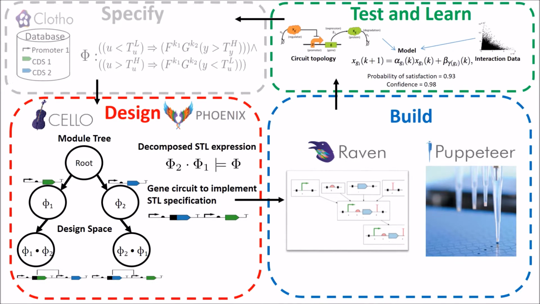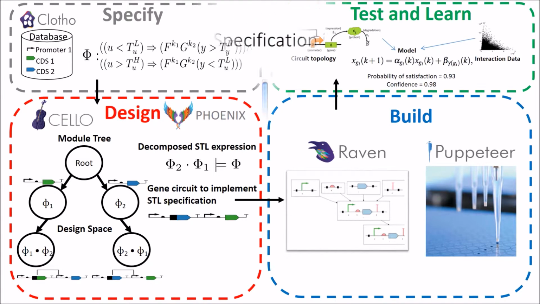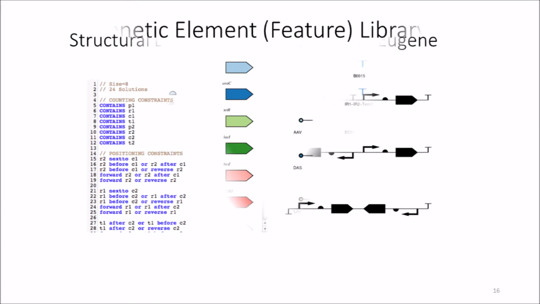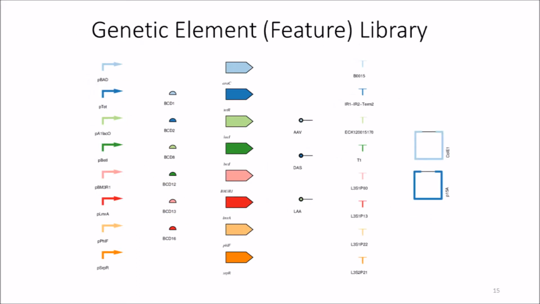In the specify step, we combine the desired circuit specification derived from pattern synthesis with structural specifications, which model compatibility of DNA composition, to populate an exhaustive list of candidate circuits. Each candidate circuit is composed of modules, which can be built in the wet lab using characterized parts such as promoter, ribosome binding site, gene, or terminator. These candidate circuits form our exhaustive design space, which will be used in the design step.